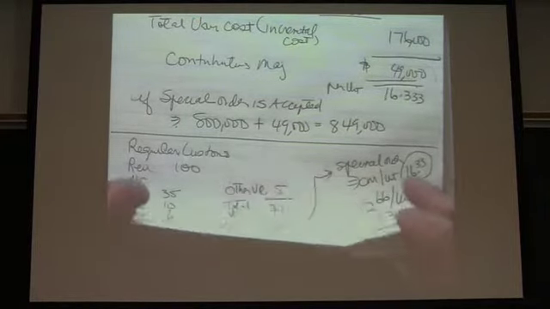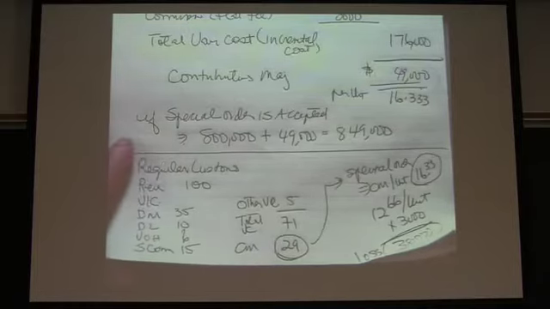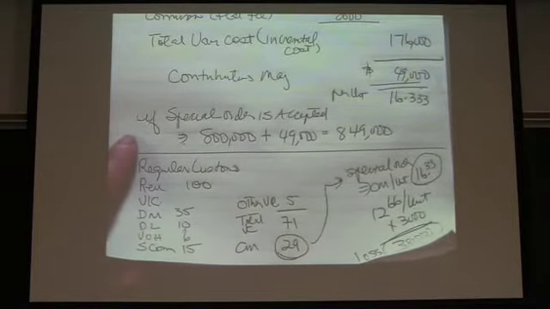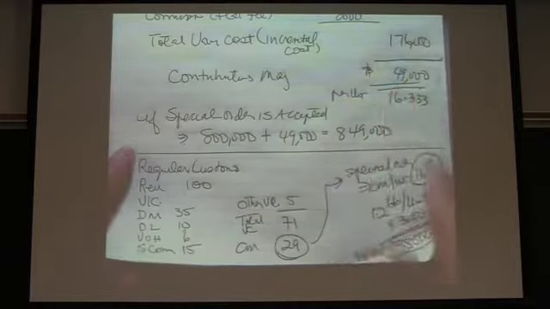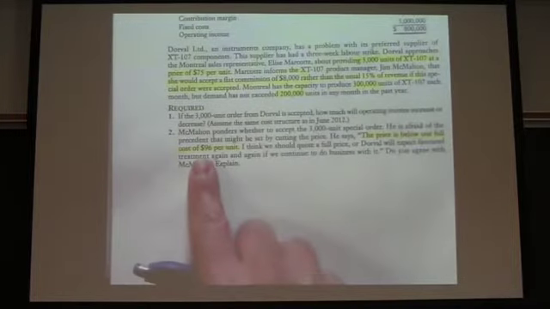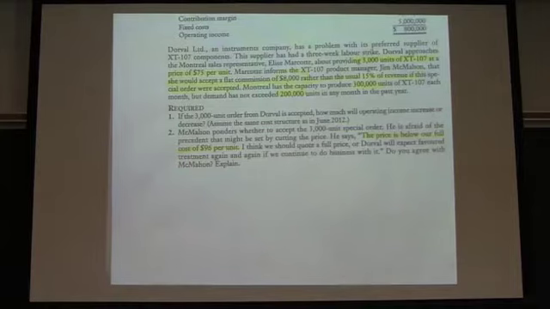Now, for part B, in this case we do have the extra capacity, so we would accept the special order because it's going to generate $49,000 more. For part 2, it asked us, should we be concerned? I think we talked about it earlier. If there is no capacity issue, of course we would accept it because $49,000 of immediate gain is going to be a positive impact to profitability.